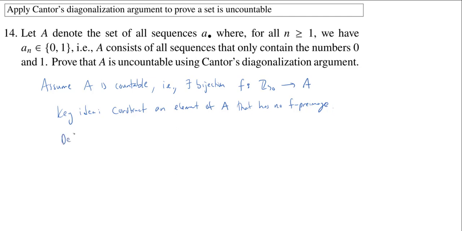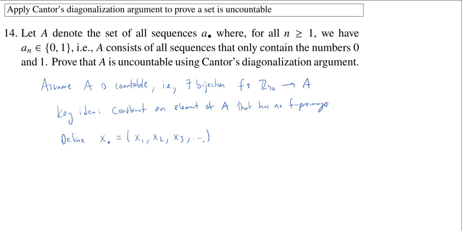Okay, so how are we going to do it? We're going to define a sequence. Since a is already generic, we'll call it x dot or something. So we're going to define a sequence x dot. And what is the sequence going to look like? Well, we'll call the first term x1, and the next term x2, and then x3, etc. All right, fine.